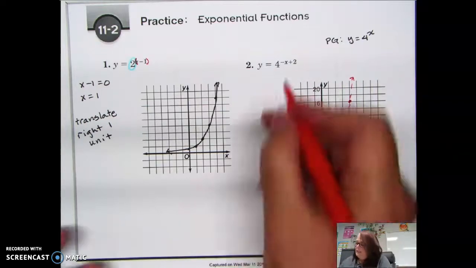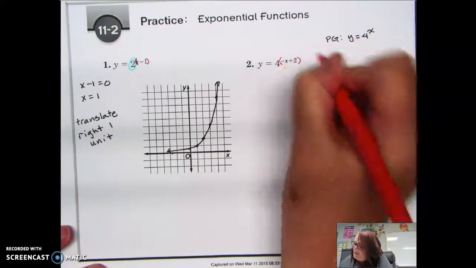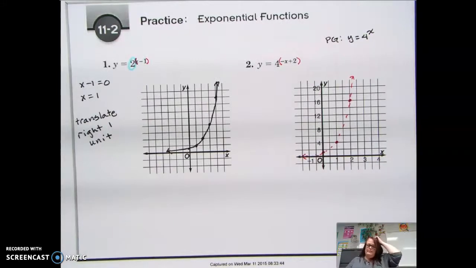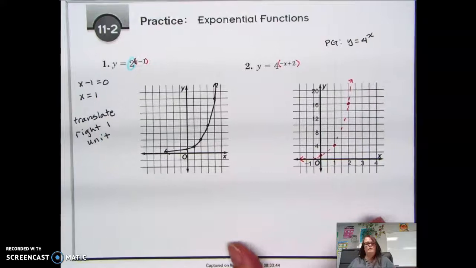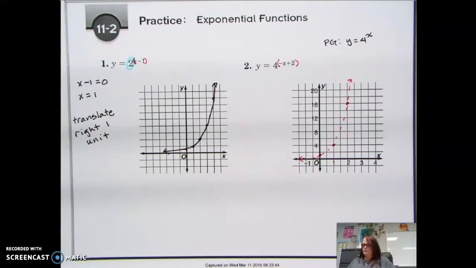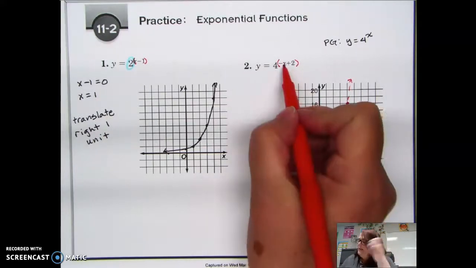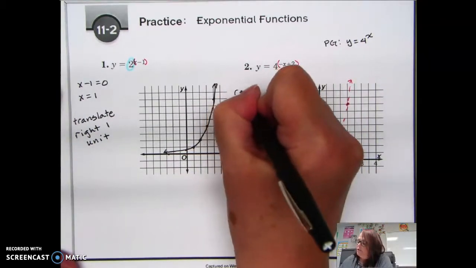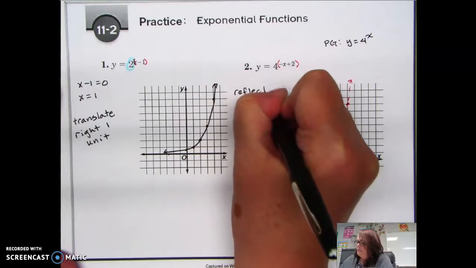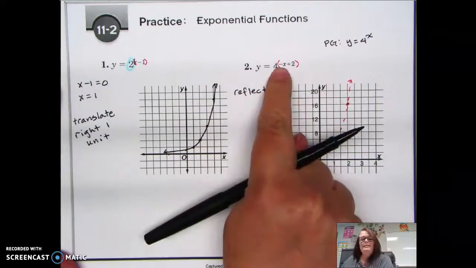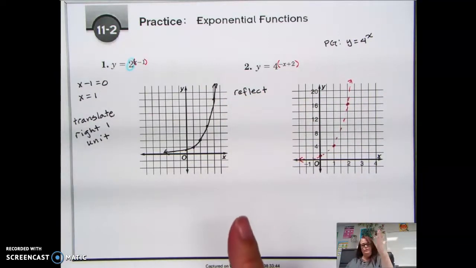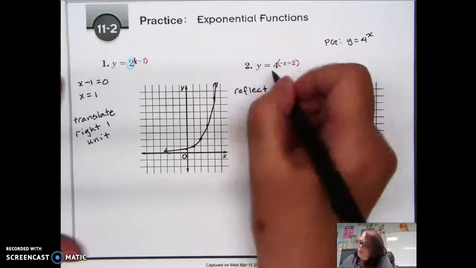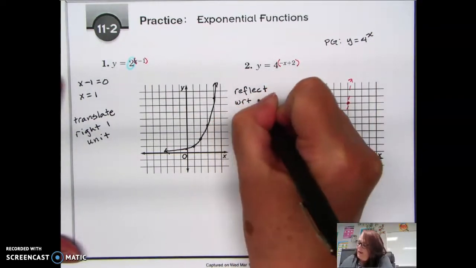And so then looking at the fact that I have negative x and then plus 2 in the parentheses, tell me what that would do to the graph in words. So pause the video and try that. So the negative on the inside of the parentheses is telling me that I have a reflection. And so because it's inside the parentheses, it's a horizontal reflection. So that means that we're reflecting with respect to the y-axis.